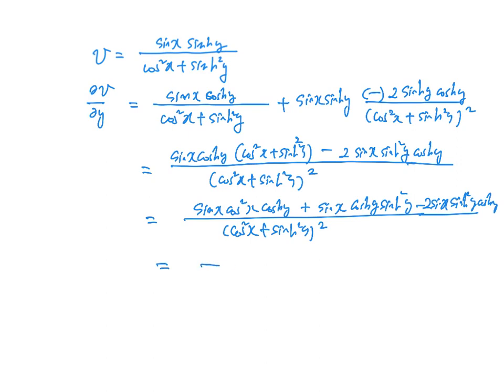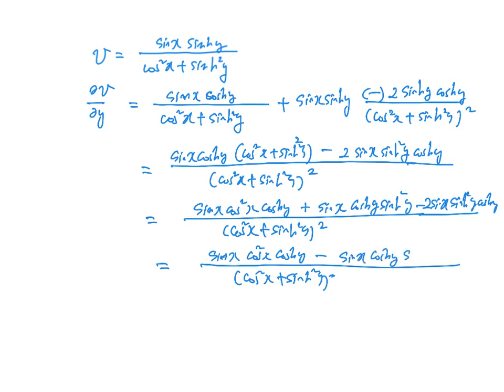So which ones will cancel each other? The second and third will cancel each other, right? So we have sine x cosine square x cosine hyperbolic y minus sine x cosine hyperbolic y sine hyperbolic square y.